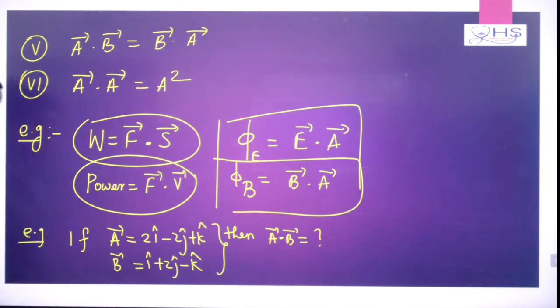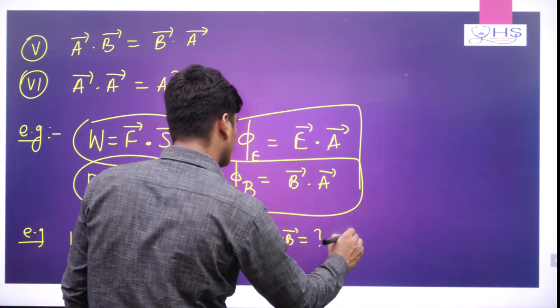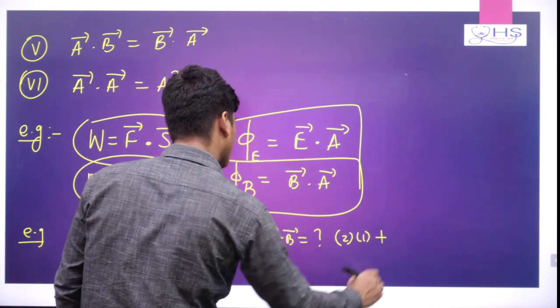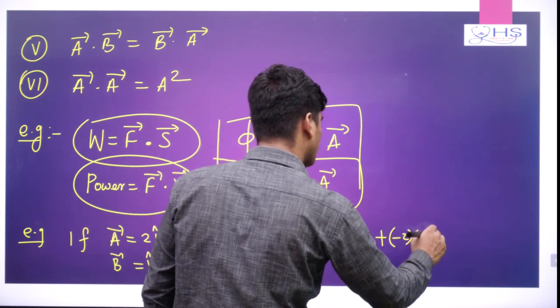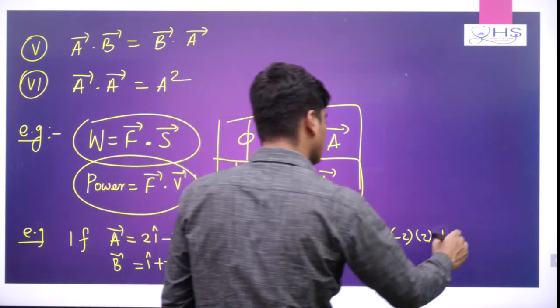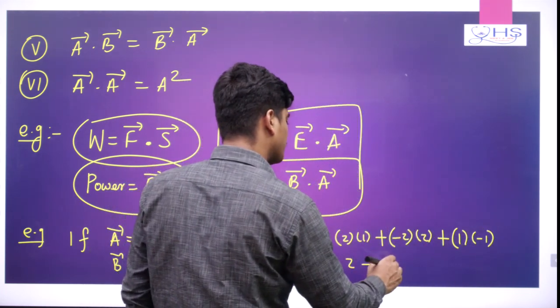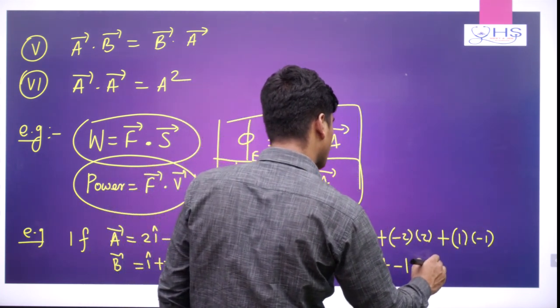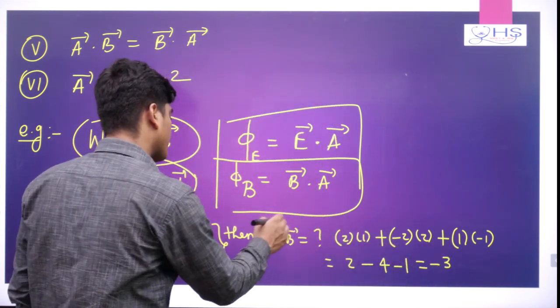Same formula: multiply the i coefficients, 2 into 1, plus minus 2 into plus 2, plus 1 into minus 1. Now here it is 2, here it is minus 4, and minus 1. So 2 minus 5, which is basically minus 3. So for A dot B, minus 3 is the answer.